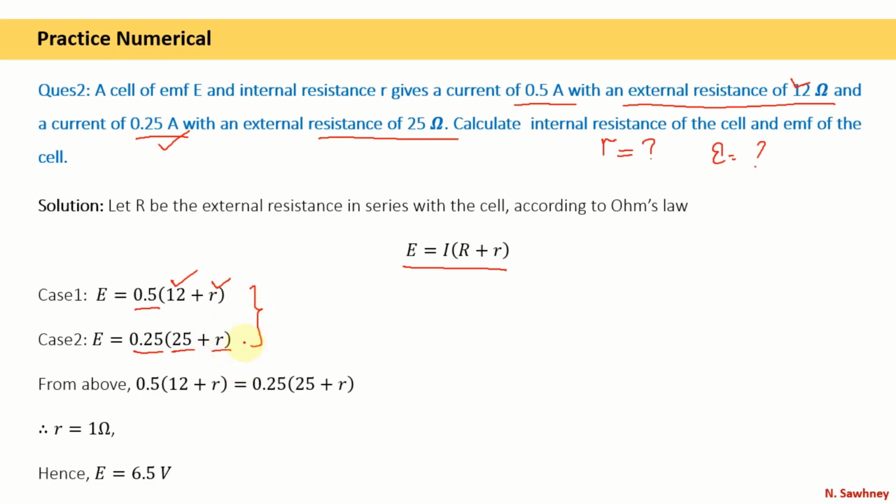From the above two equations, the left hand side terms are the same, so we can equate the right hand side terms of both the equations. We will obtain this equation. After simplification, we obtain the internal resistance as 1 ohm. Now we can put this value of 1 ohm in either of the two equations and we will obtain the EMF as 6.5 volt.